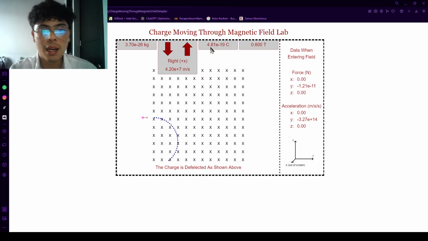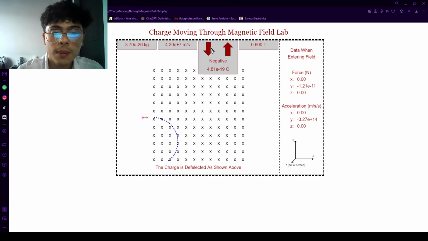And a negative charge of 3.20 multiplied by 10 to the power negative 19 coulombs.